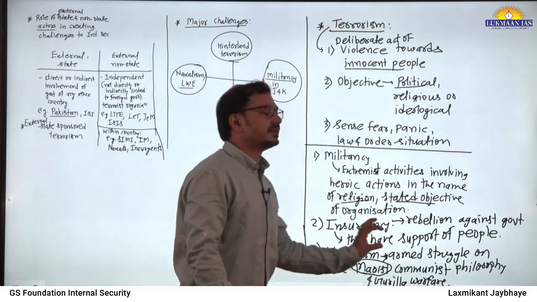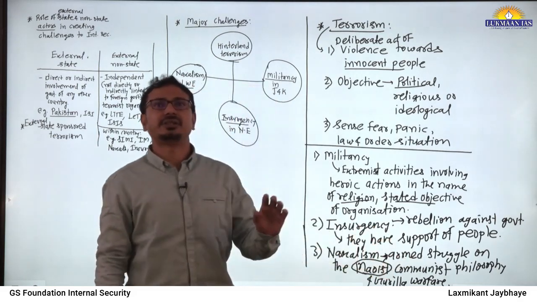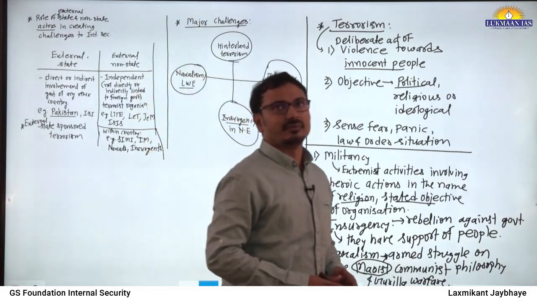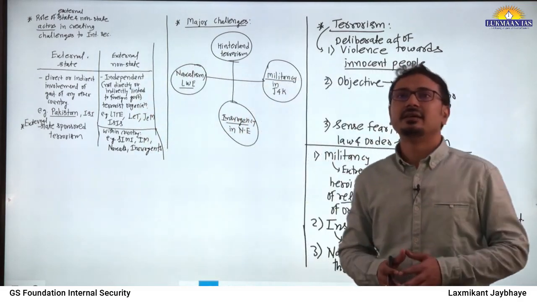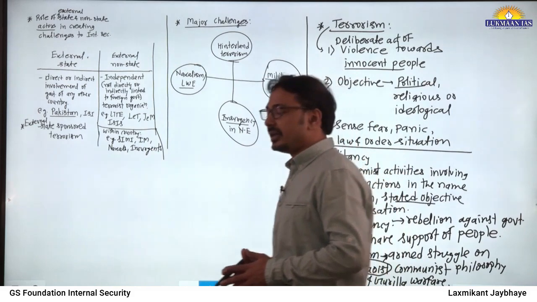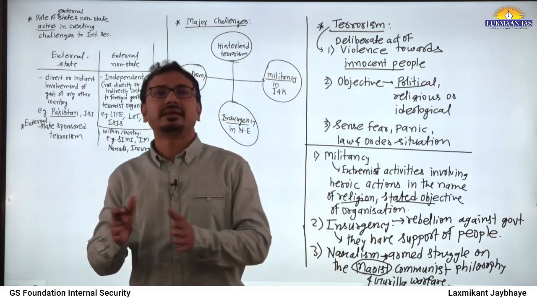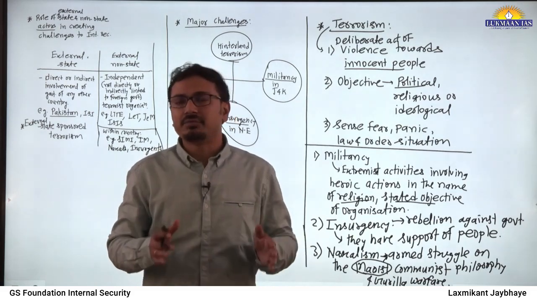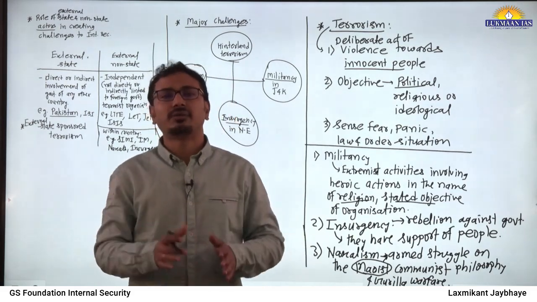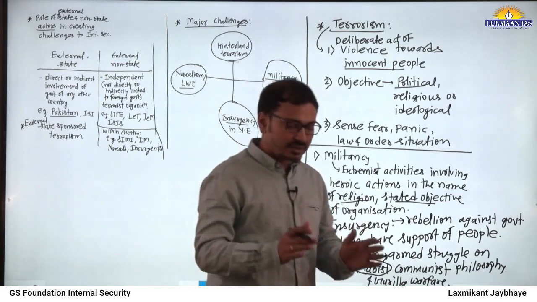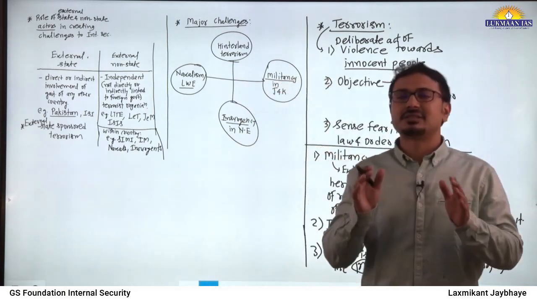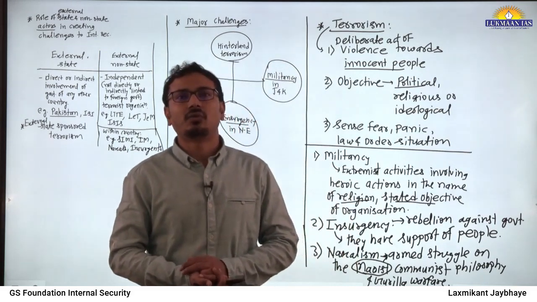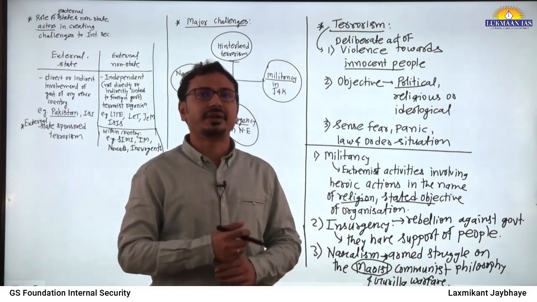Now insurgency in Northeast India is largely a problem of ethnicity. In Northeast India there is huge ethnic diversity, and these people are very much concerned about their identity, their culture, traditions, customs, and practices, and they do not want external interference.